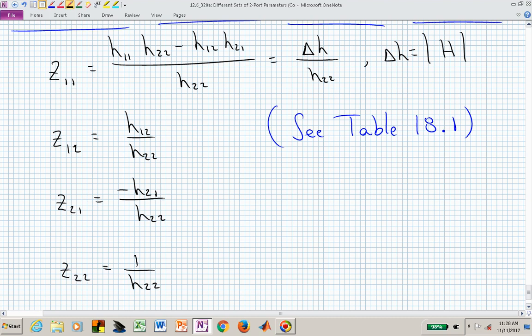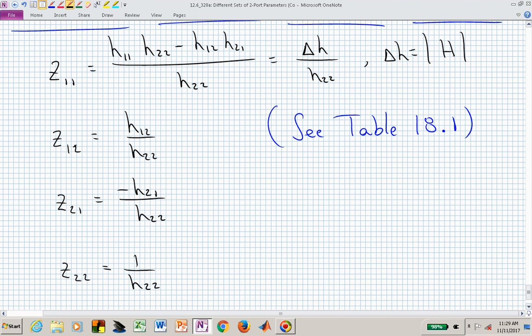Once we have those, that series connection of two ports written in terms of Z parameters is easy to determine. We simply add up the respective elements in those 2 Z parameter matrices.